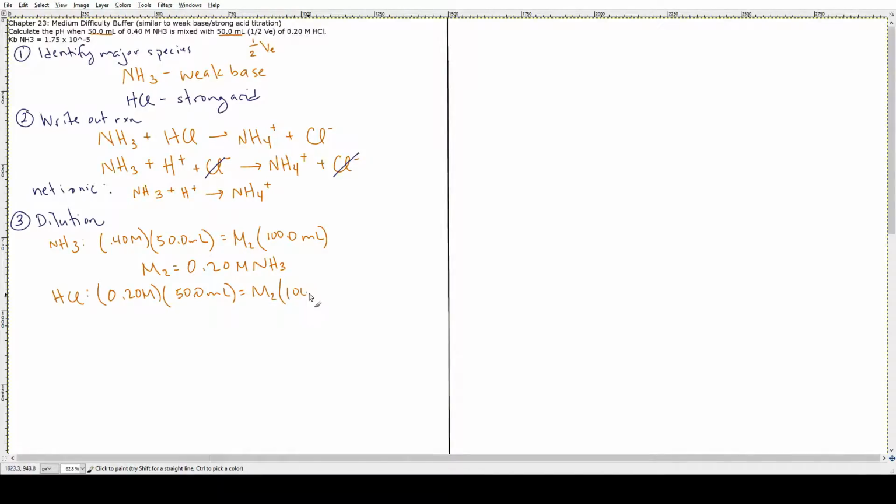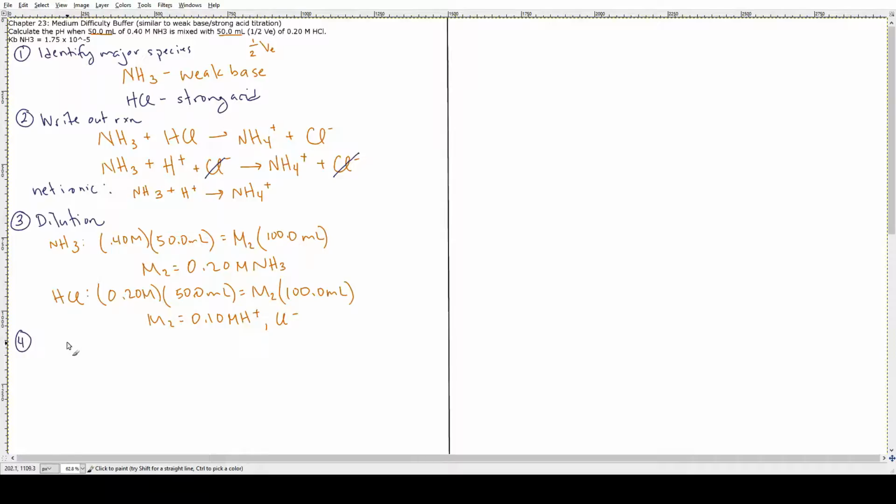It also got diluted to 100 milliliters. So our M2 here is going to be 0.10 molarity HCl, which I know splits apart immediately into hydrogen and chloride ions.